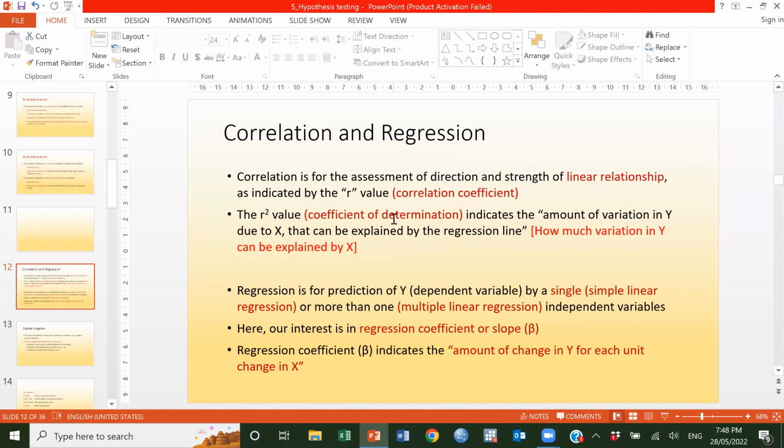R is called the correlation coefficient. The R value ranges from 0 to 1.